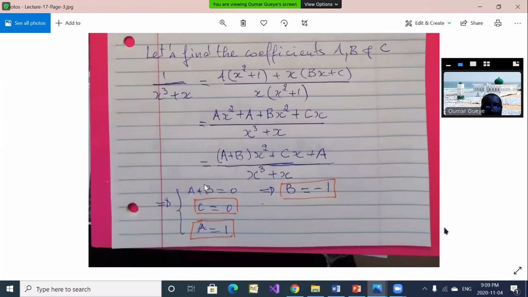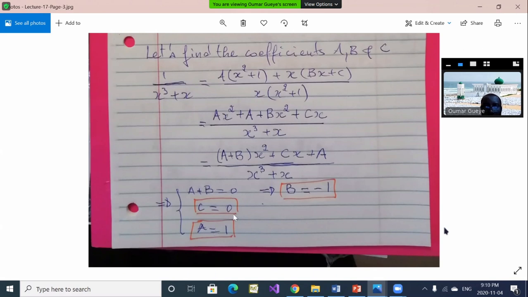A plus B should be equal to 0 because the coefficient of x squared on the left is 0. The coefficient of x on the left is also 0, so C should be 0, and A should be equal to 1. Knowing the value of A, I'm going to substitute it in the first equation in order to get the value of B. A equals 1, sorry, and it means B equals -1.